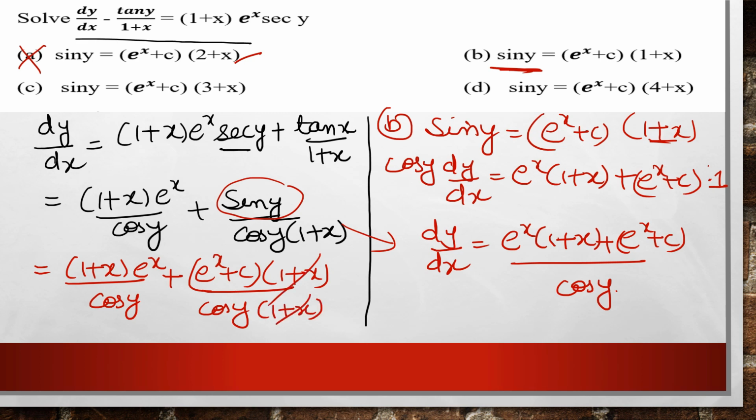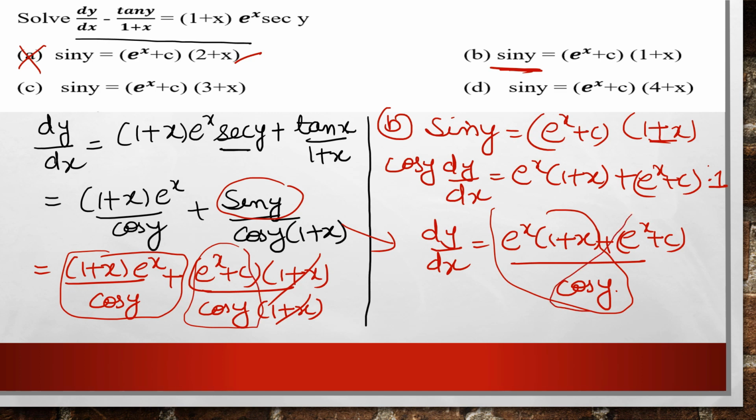This will be cancelled. Now you can see this thing and this thing is same, right? And the next term is also same. This is same thing, so that means option B is correct. We don't need to check for the further option.